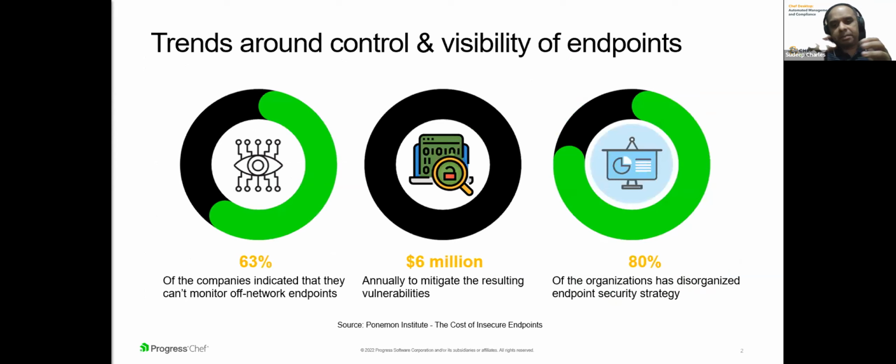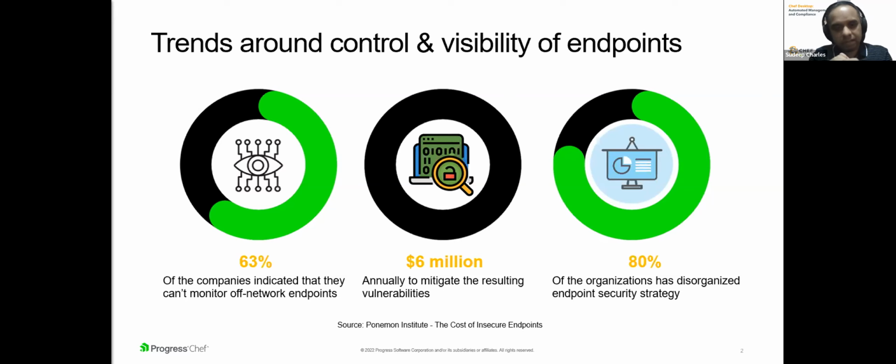Right, so endpoints in general are difficult to manage, and according to The Cost of Insecure Endpoints, a study conducted by the Ponemon Institute, 63% of companies indicated that they really can't monitor off-network endpoint devices, right? And all of this results in them spending a lot of money, in the vicinity of about 6 million annually to mitigate these vulnerabilities, right?